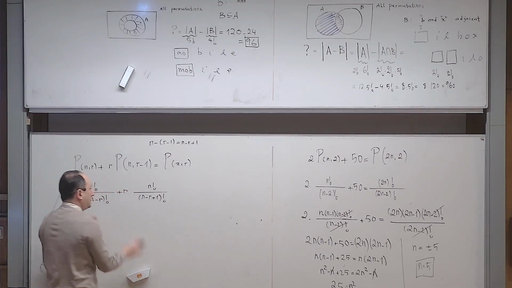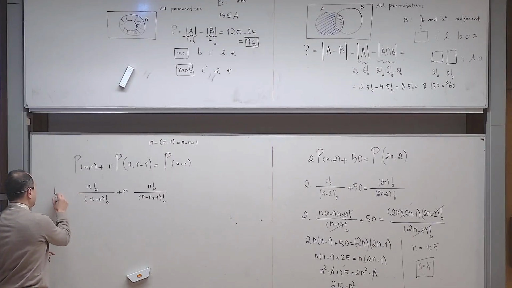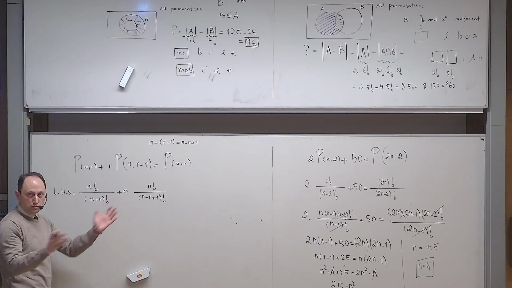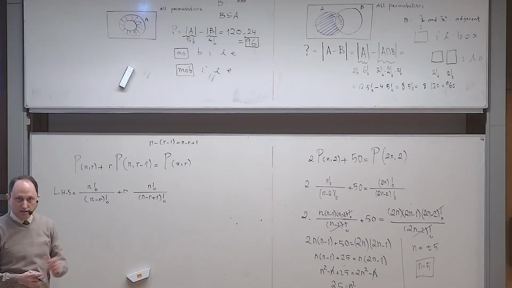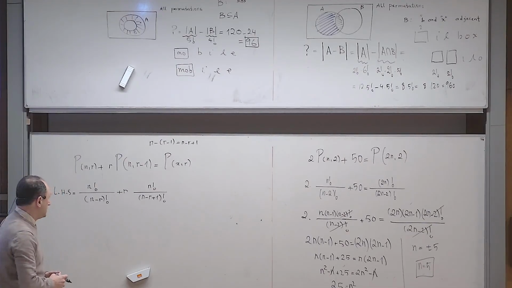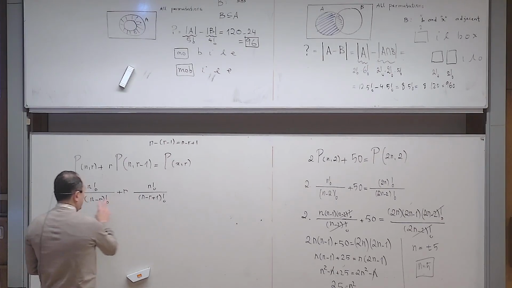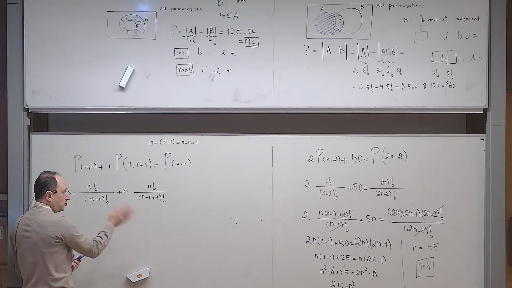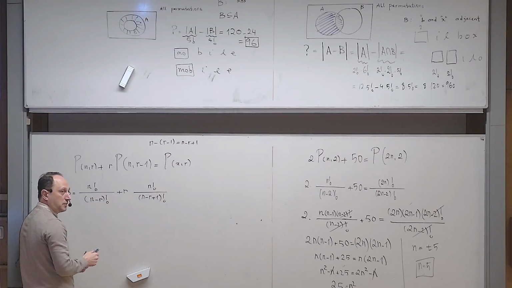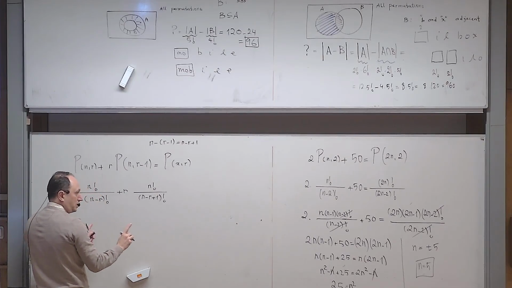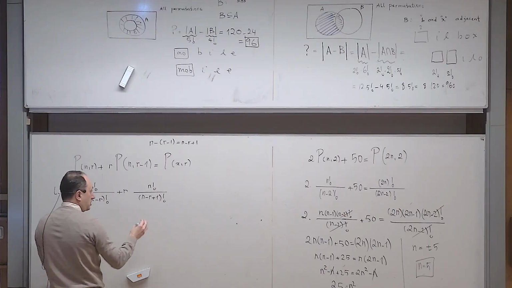Or if you want to, let us keep it like this. Because, okay, let us simplify the left-hand side. Can you simplify it? If I have two fractions and I want to combine them, I have to find the LCD, the least common denominator. But what is the least common denominator? Don't multiply them. Of course, multiplication always works, but it is not always the optimal way. And that is always a common denominator, but not always the least common denominator.